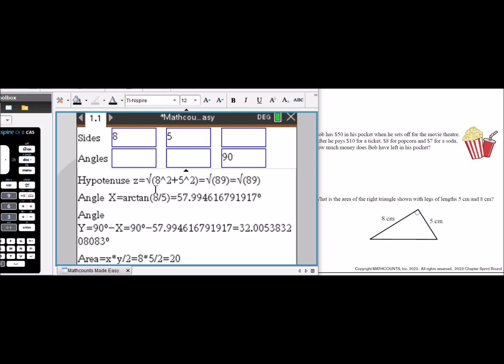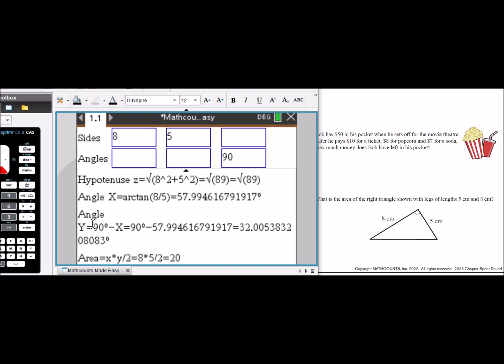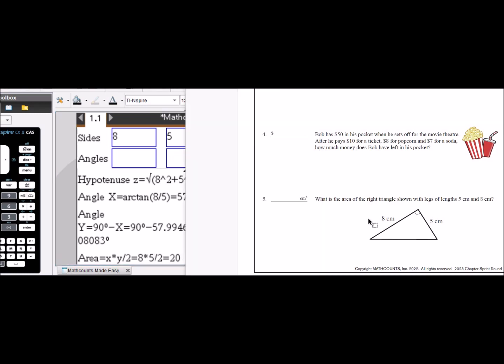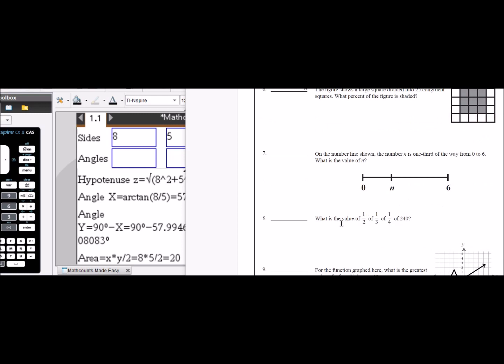So we can see that if we scroll up, we can find all the other sides, or the other side, and the other angles. And when we scroll down, we see that the area of this triangle is 20. So we solve this in about 20 seconds.